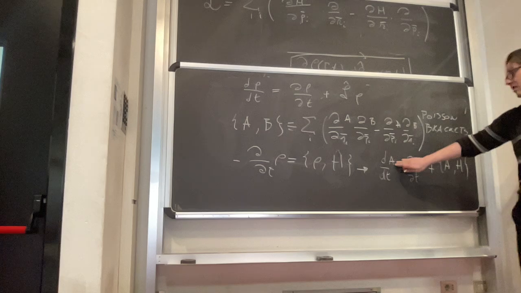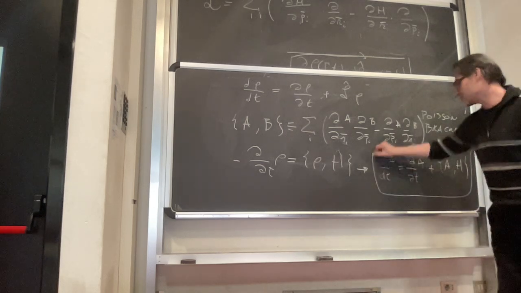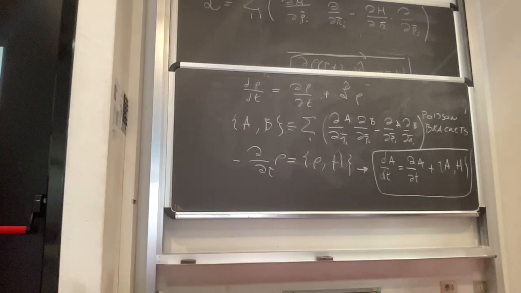But for a generic observable A, a function of the phase space, you have this general mathematical structure, right? It is telling you how in classical mechanics, an observable changes with time if the underlying dynamics is Hamiltonian. Do you follow me?